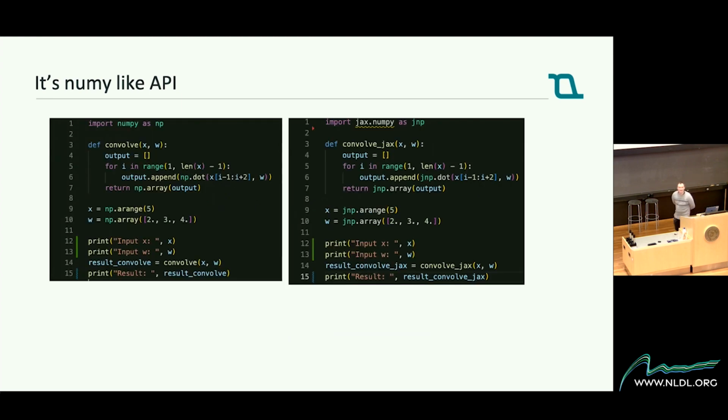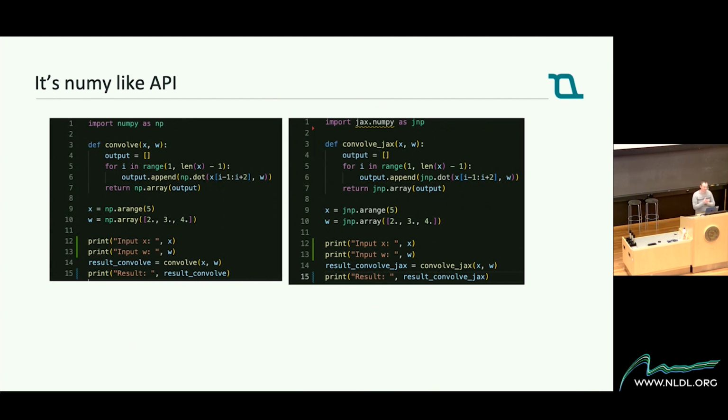And if you look at this, the only real difference is, if I wanted, I could have said import jax.numpy as np, and then there would only be one line difference. Here I'm clever and I set jnp, but yeah, if you've written NumPy at least once, you're probably able to do it with Jax as well.